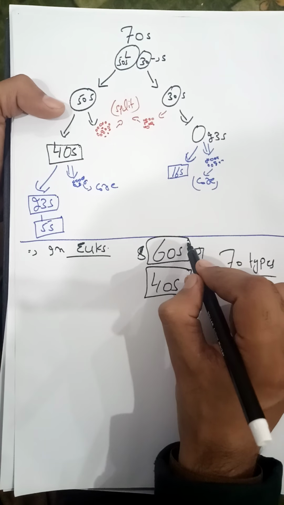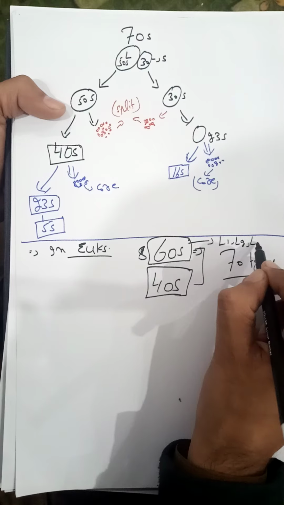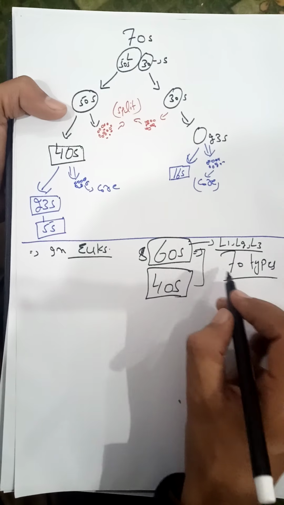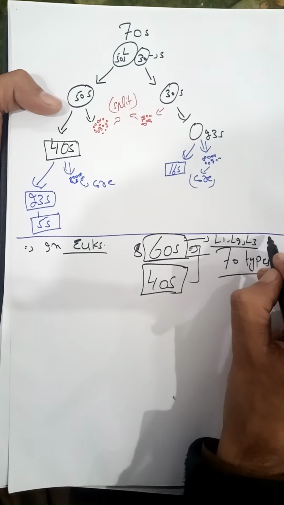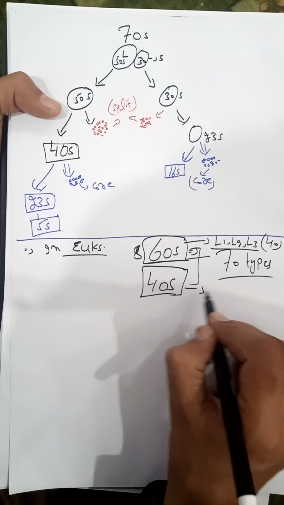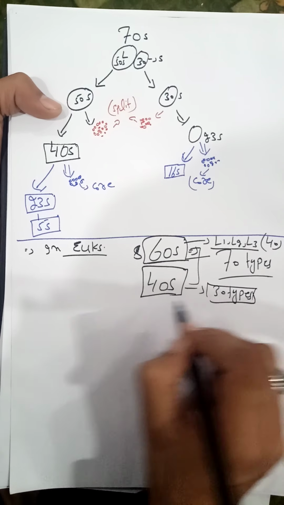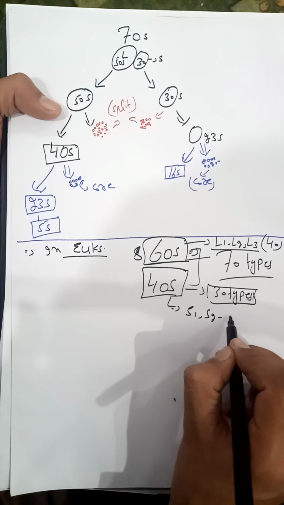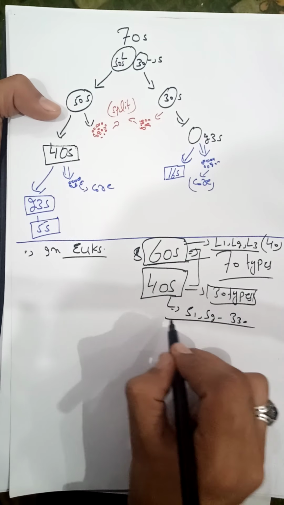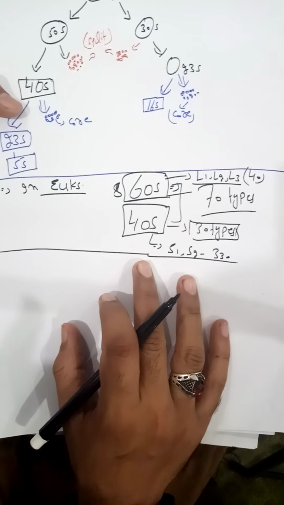The proteins of the larger subunit are represented by L, L1, L2, L3 and so on. About 40 types of proteins are present in the larger subunit, and about 30 types are present in the smaller subunit. They are represented by S, S1, S2 up to S30. So this is about the proteins of the ribosomes.